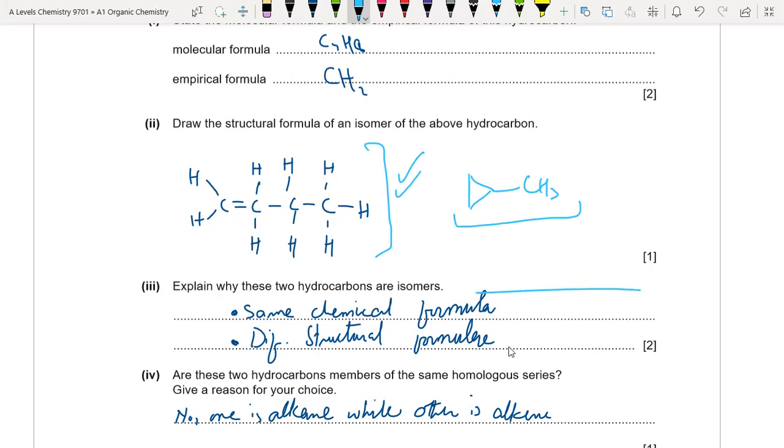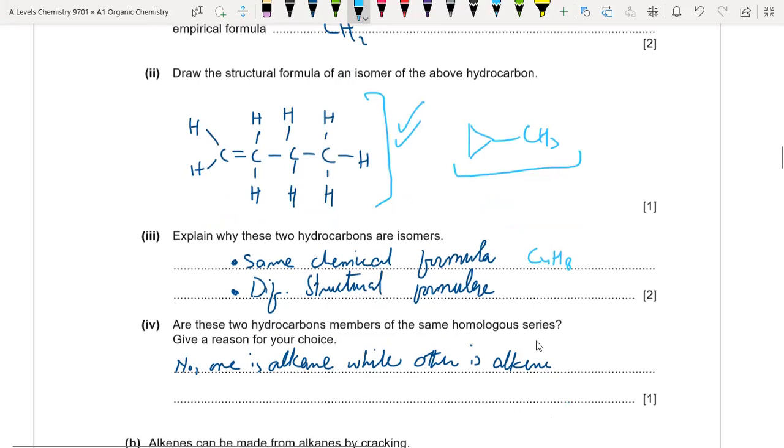They have the same chemical formula, both cyclic butane and 1-butene have the formula C4H8. But their difference is different structural formulae. That's why they can be considered as isomers.